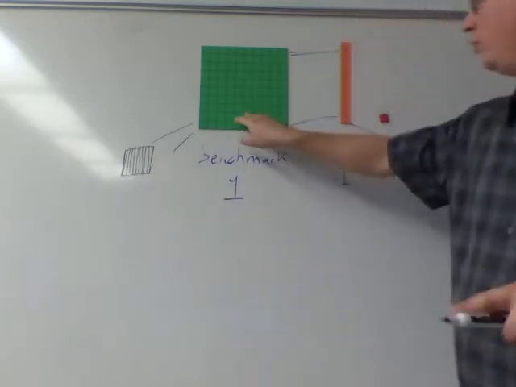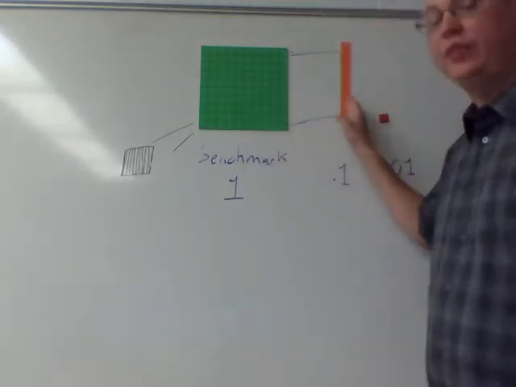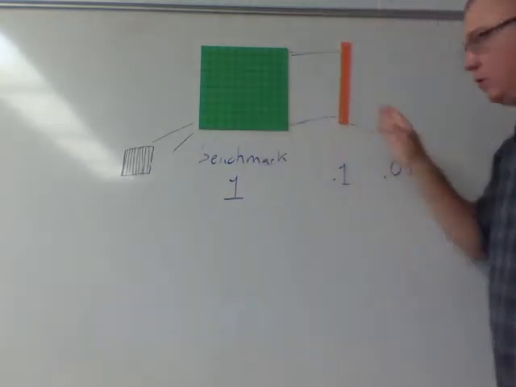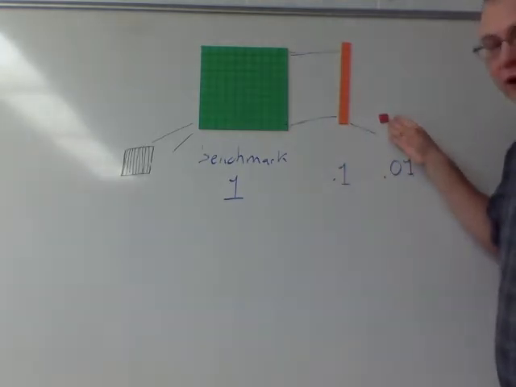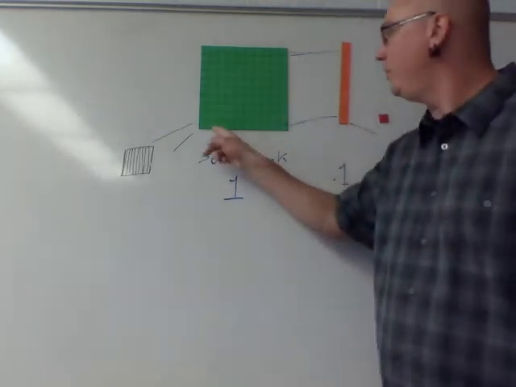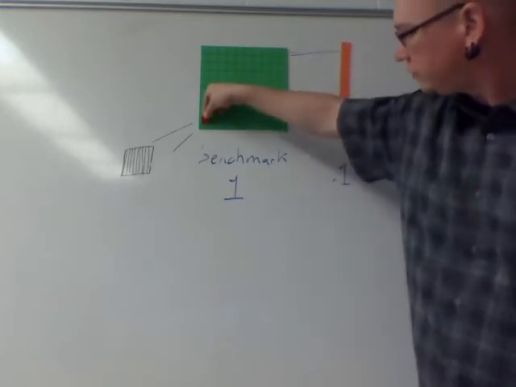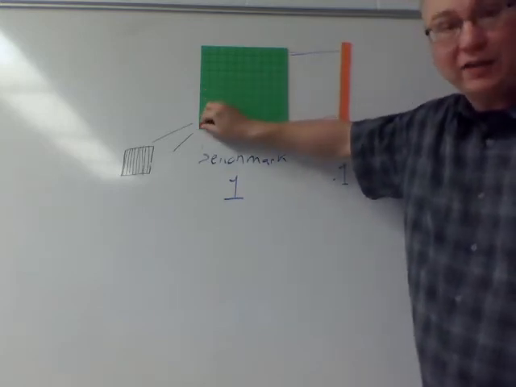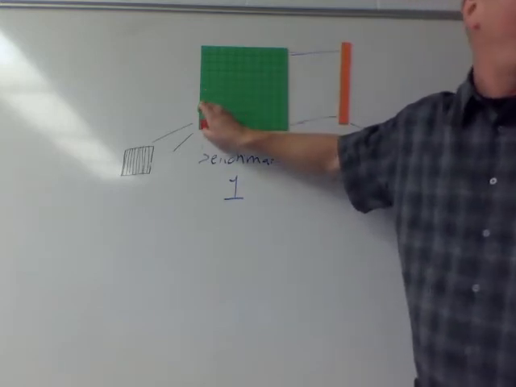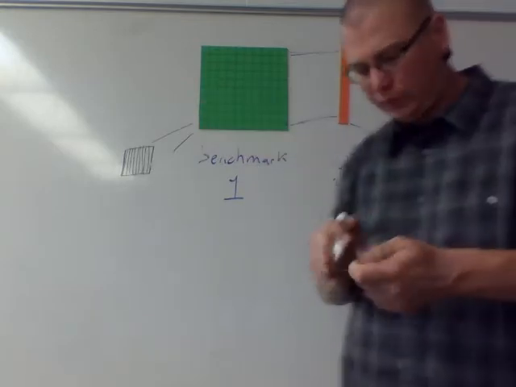So this is 1. 1/10 of 1 is 1/10. 1/100th of 1 is 1/100th. And if we take that 1/100th piece and we cut that into 10 equal pieces, that is 1/1000th.